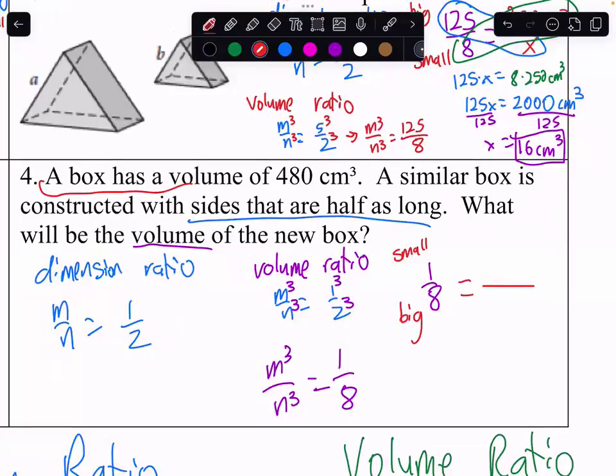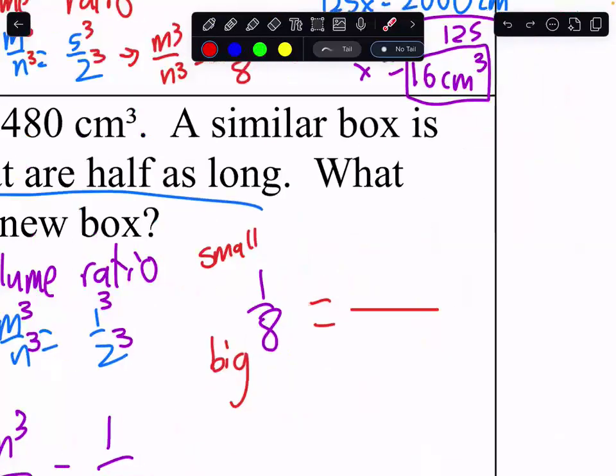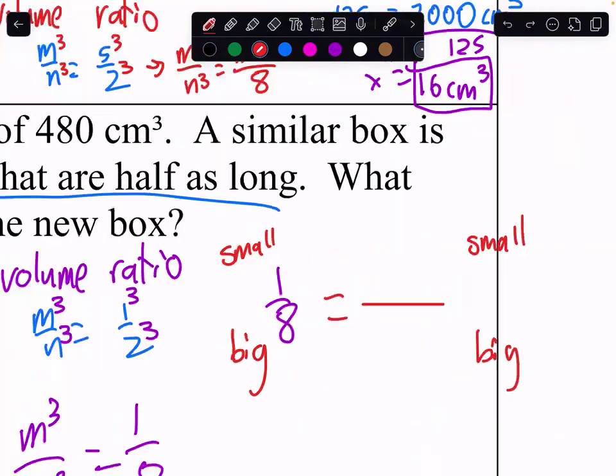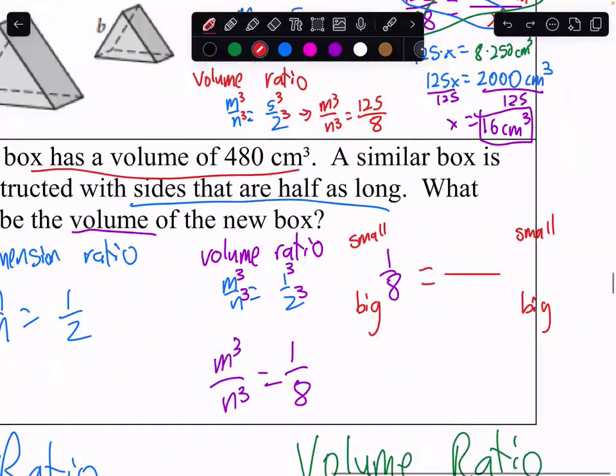Okay, so the 480, is that from the smaller box or the bigger box? Well, the 480 is the starting box, and then the other box has sides that are half as long. So the other box is smaller, so the 480 is bigger. Okay, so for this proportion, the small numbers go up top, the big numbers go on bottom. Since the 480 is from the bigger box, we put the 480 on bottom.